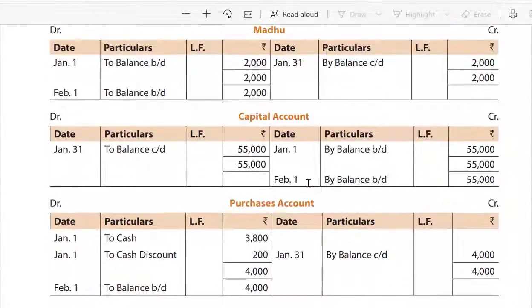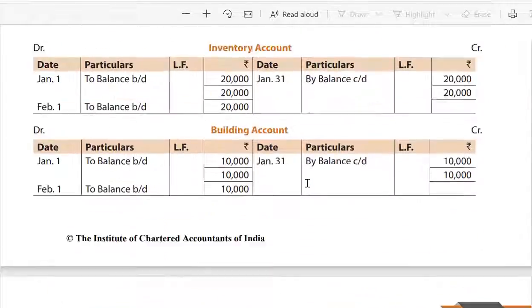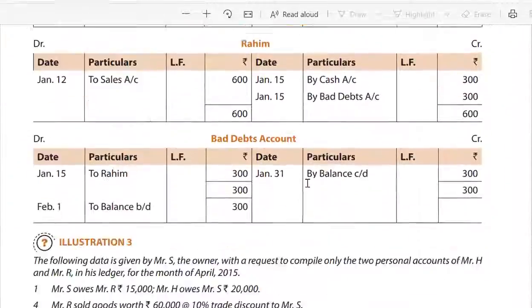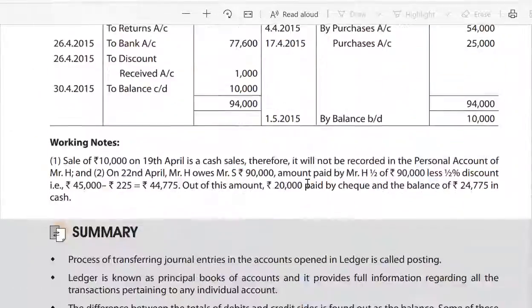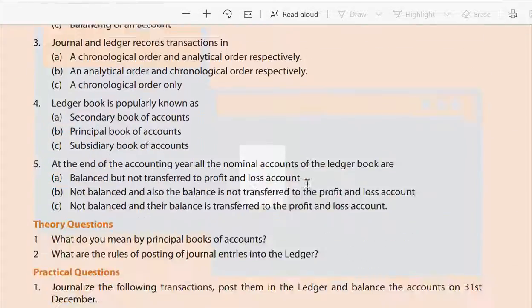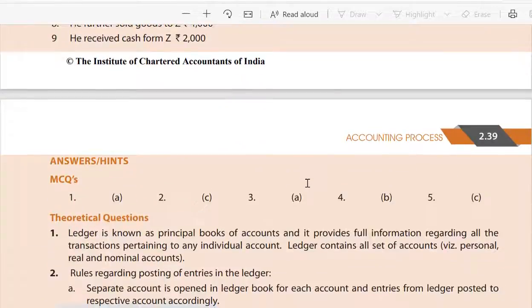We have done a detailed question just right now. For practice, if you want to do it, you can solve the illustrations given in the study mat. We have done the MCQs, theoretical part and these practical problems.